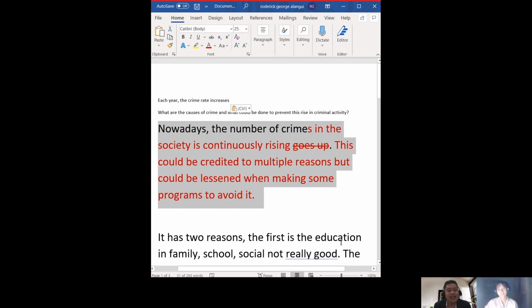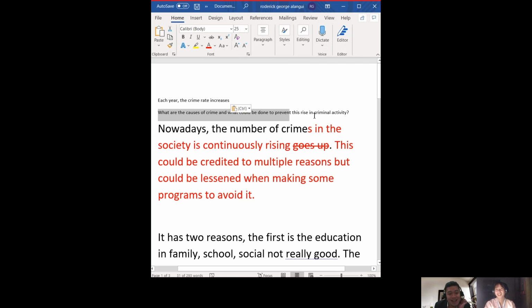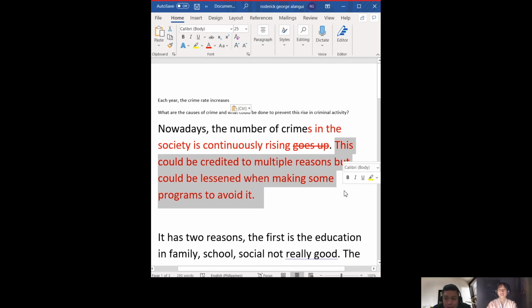I'm not forgetting, but in the second sentence, I don't know how to rephrase it, because it is the question. Rephrase, correct. So try to look at that. Is this okay with you? Do you understand it? Yes. Okay. What does it mean when we say lessened?